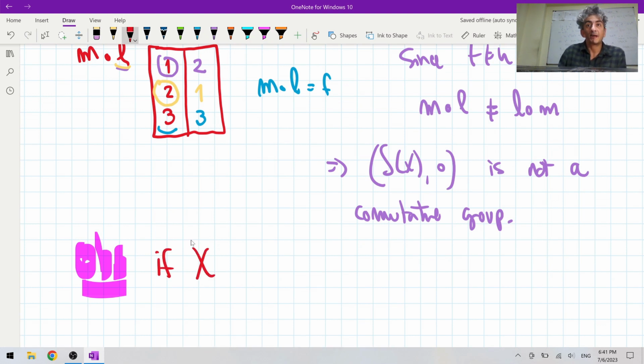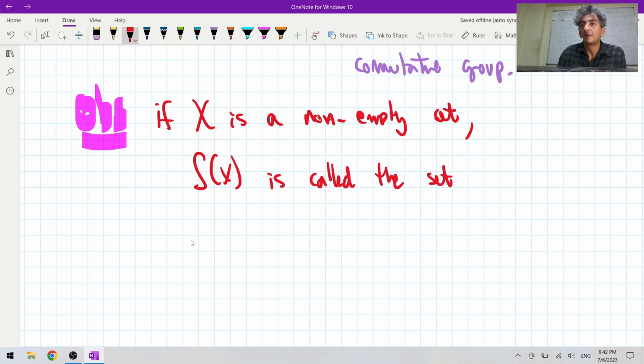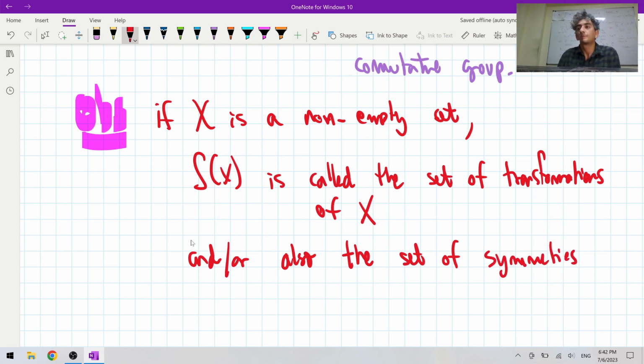If X is a non-empty set, S(X) is called the set of transformations of X, and also the set of symmetries of X. Okay, we're going to use this many times. So it's a very important example. Some observations for groups.